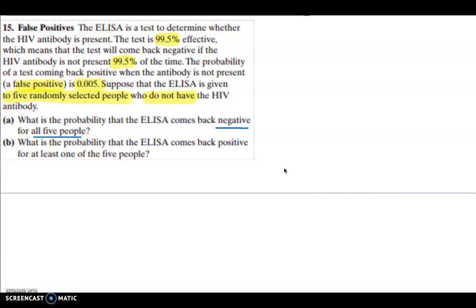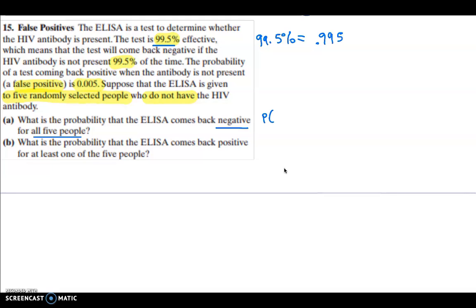So they don't have HIV. Given that they don't have HIV, the probability of getting back a negative test is 99.5%, or 0.995, and we're going to be using 0.995 for our calculations here.